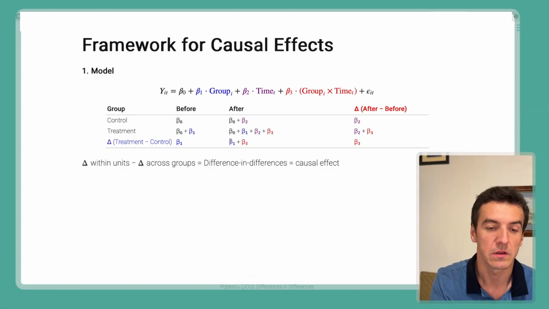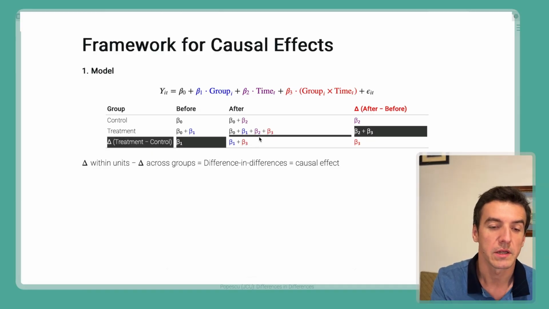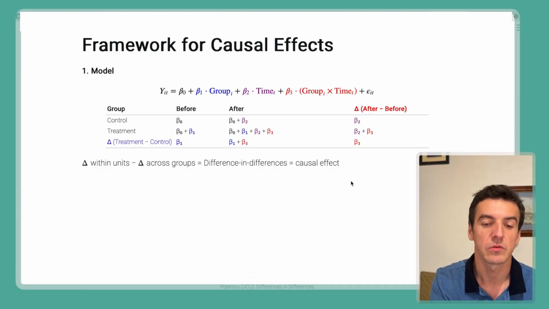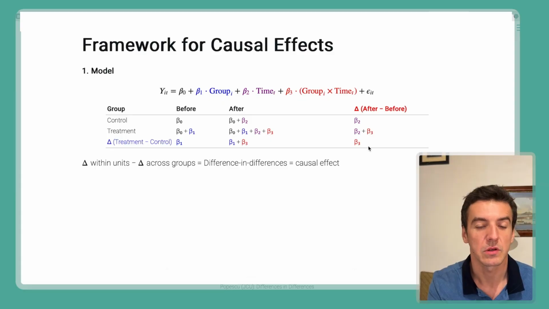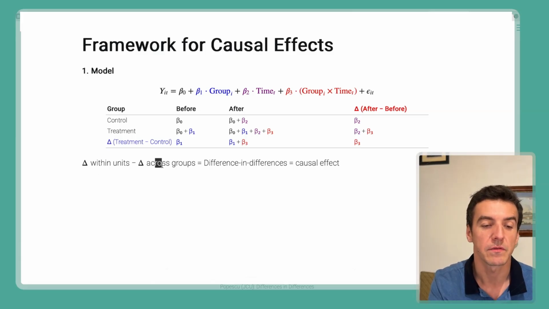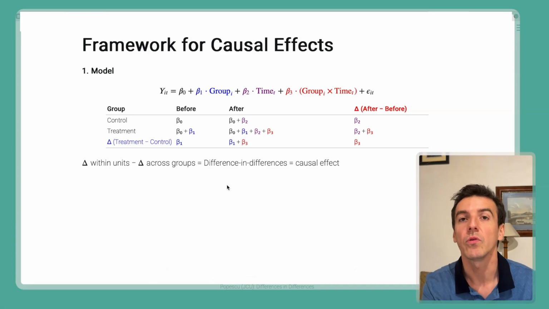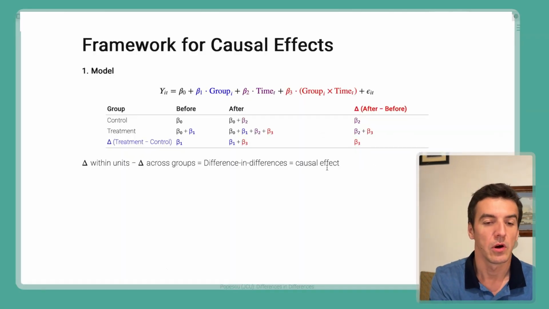And then if we look at the difference between these two, clearly this and this are the same, so we're left with only these two values. If we do the difference before and after, we're left with these coefficients. So once again, the difference within units minus the difference across groups is really what we call the differences in differences, or the causal effect. Okay.